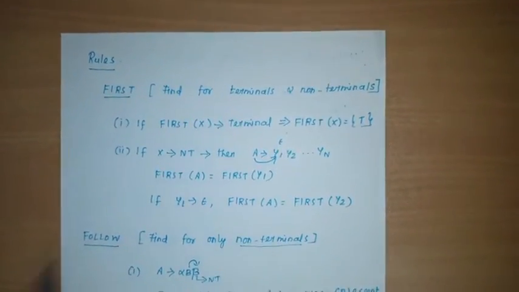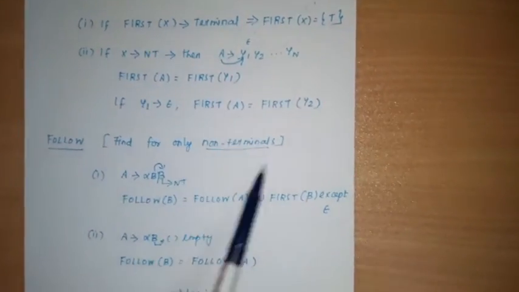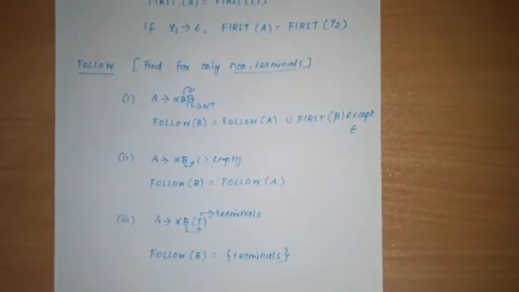These are the rules for finding first and follow. First is for terminals and non-terminals, and follow is only for non-terminal symbols.